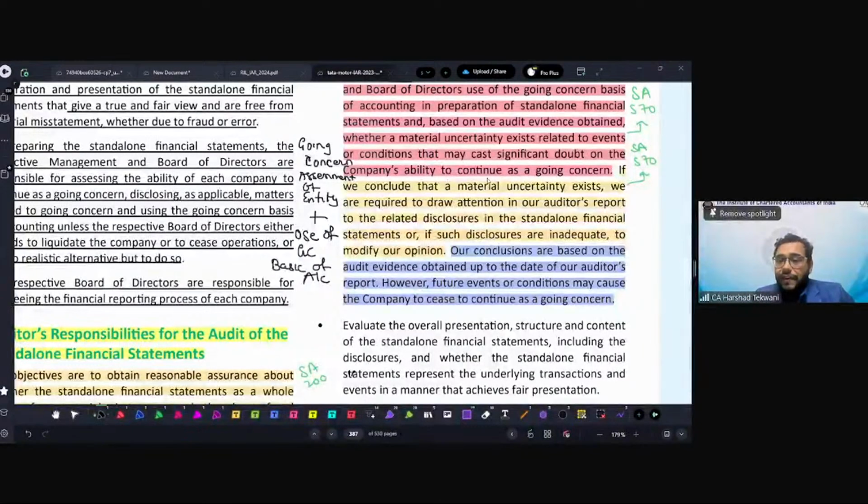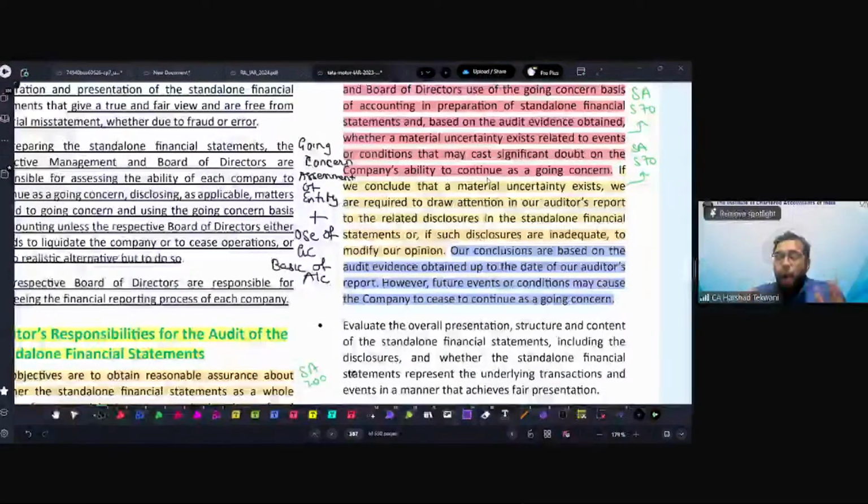So in 560, we discussed that we are required to understand the events that occur till the date of the audit report. Remember, three portions. One, from the date of the financial statement till the date of the audit report. Second, from the date of the audit report till the issuance of the audit report. And third, beyond that.